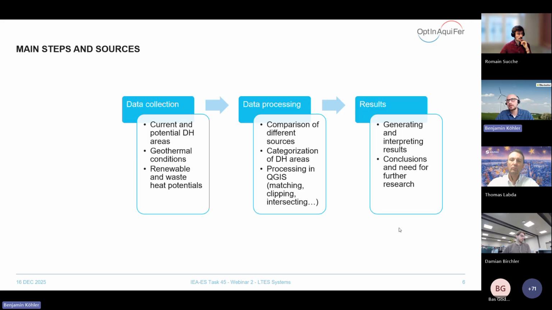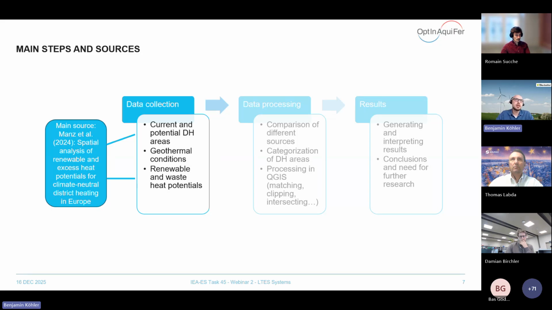We made a categorization of district heating areas, mainly based on the heat demand in the different district heating areas, and then matched, clipped and intersected all the information using QGIS. And in the last step, after the matching, clipping and intersecting, we generated and interpreted the results, but also defined some further research questions which need to be answered in the future.